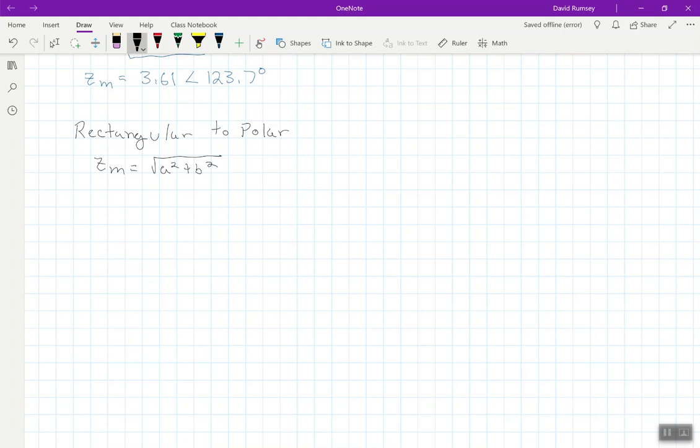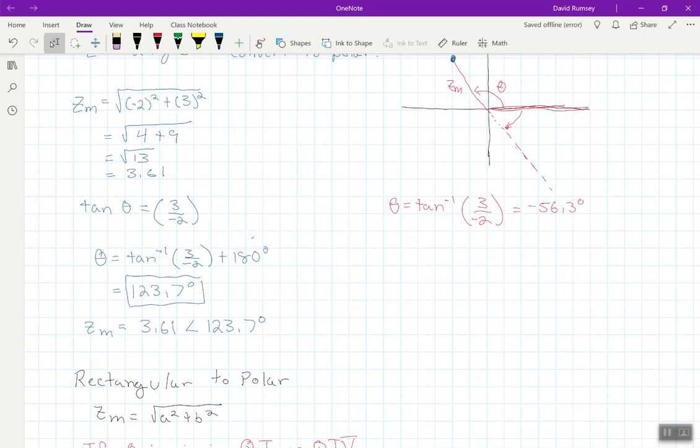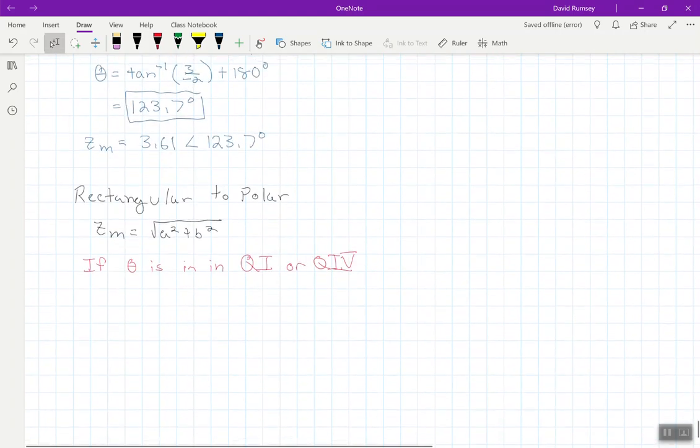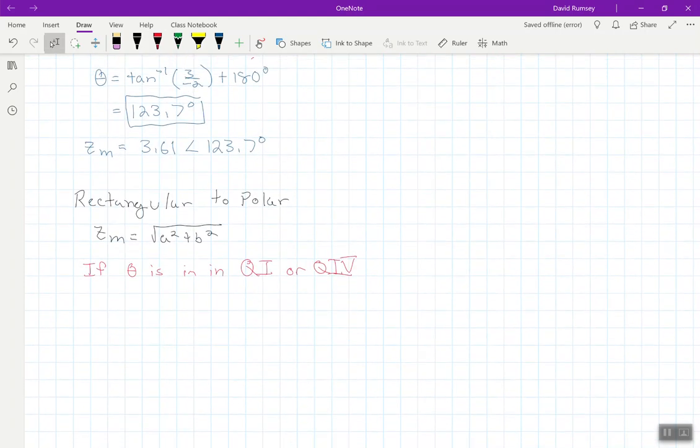And then I'll just say if theta is in quadrant 1 or quadrant 4. And how do you know that? You sketch the plot of the complex number like we just did here.